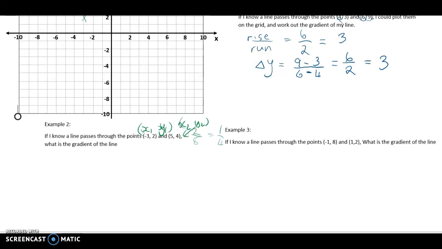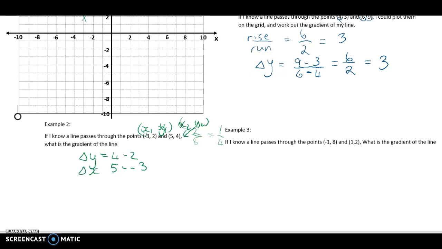So to get from my original point to my next point, I went from 2 to 4, so the difference between them, the difference meaning change, is 4 minus 2, and the difference between negative 3 and 5 is 5 minus negative 3.